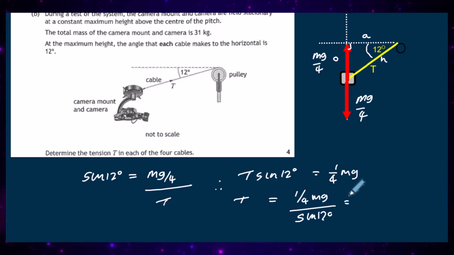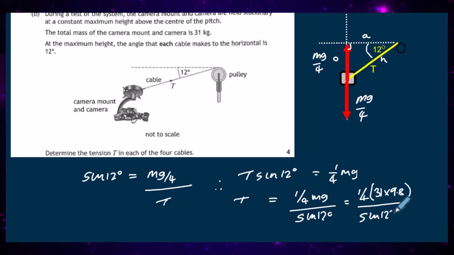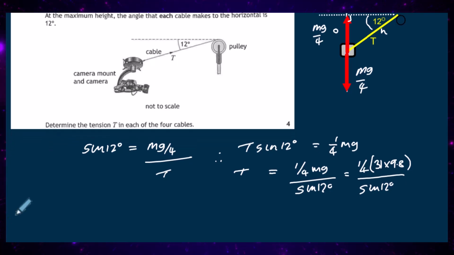So if we plug that into a calculator, we know that the mass of the camera mount, 1/4, is going to be mass, going to be 31, multiplied by 9.8, which is the gravitational field strength, all divided by sine 12 degrees.